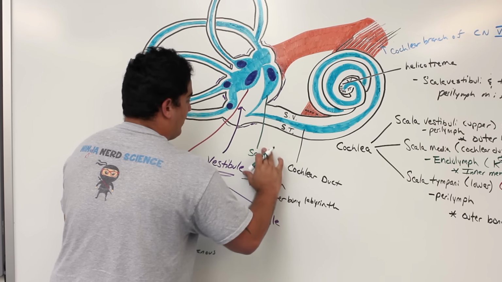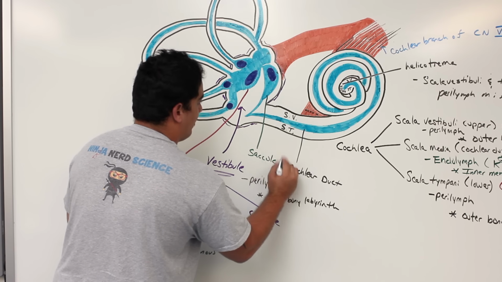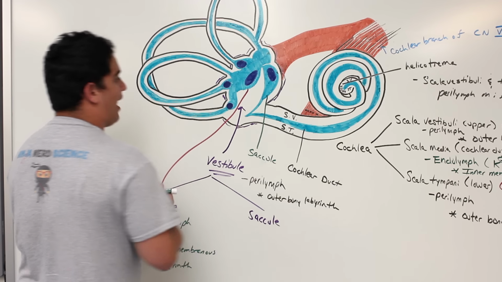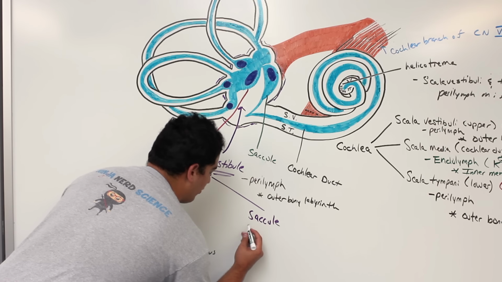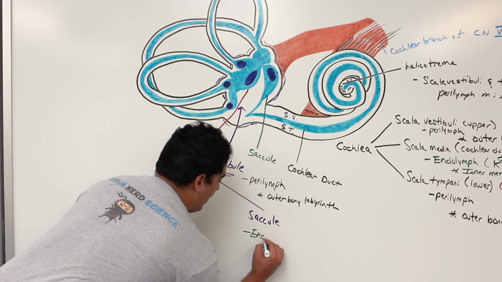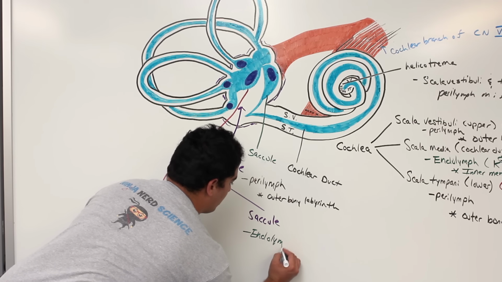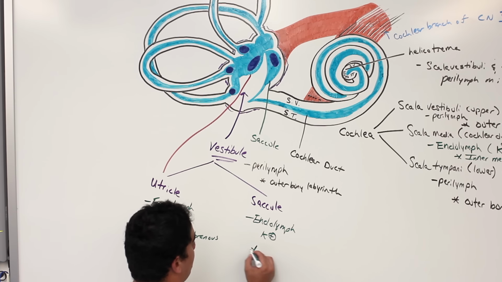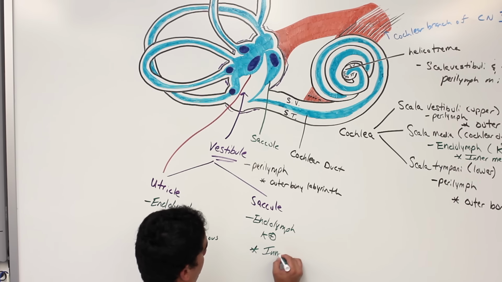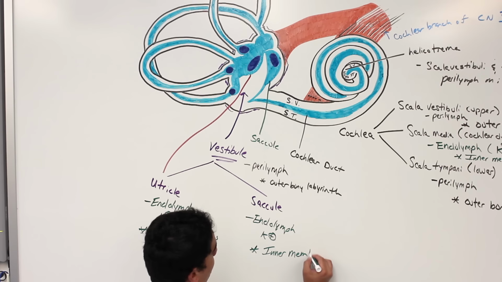So we have the saccule, which is the inferior part, and over here we have the utricle. And what's important about the saccule? It's going to consist of endolymph, which is a potassium-rich fluid, and it's going to be a part of the inner membranous labyrinth.